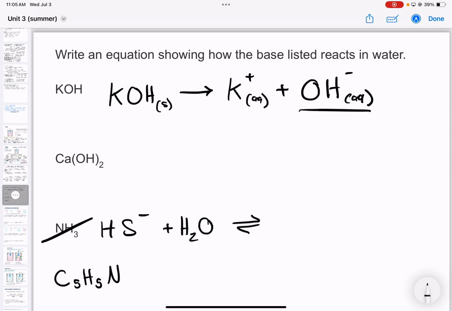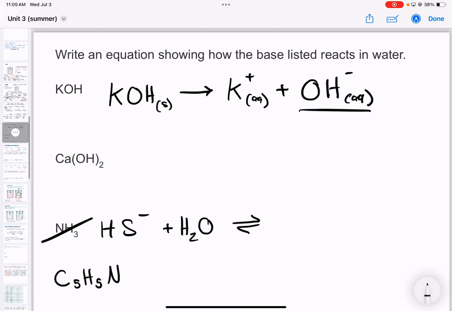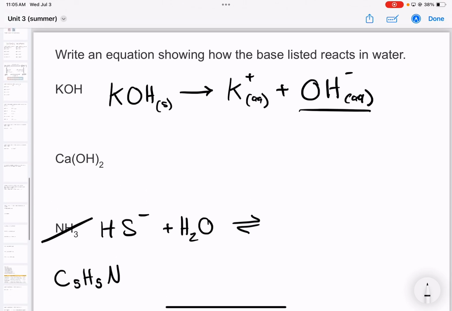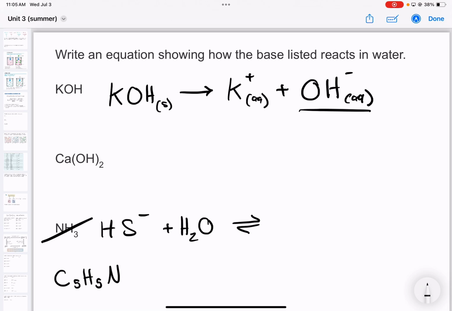So anytime you see, remember, if you remember back to polyatomic ions, OH minus is hydroxide ion. So anytime you see a formula with OH minus in it, you can assume that it's a type 1. I think I have a list of these. I have the list on the exam equation sheet.